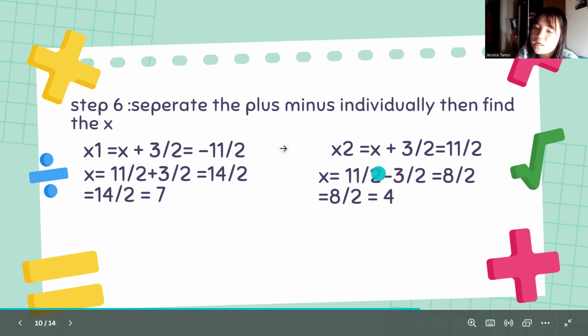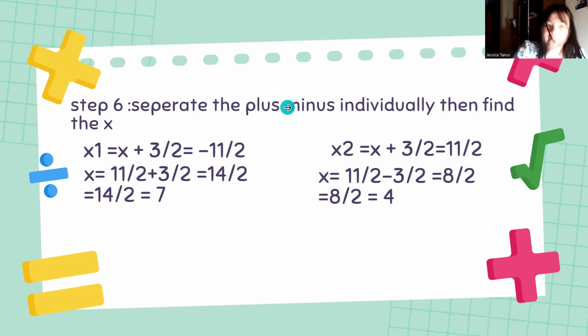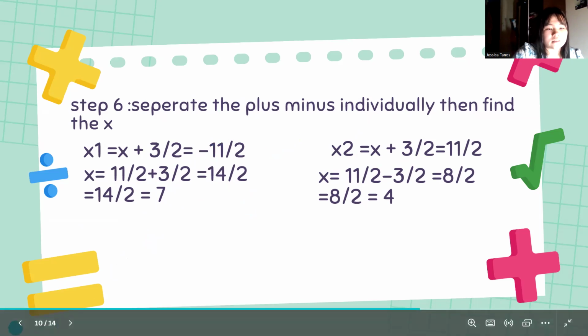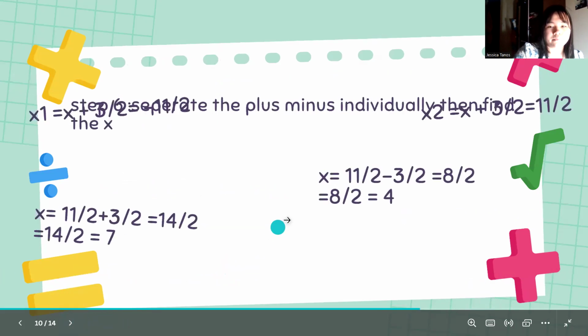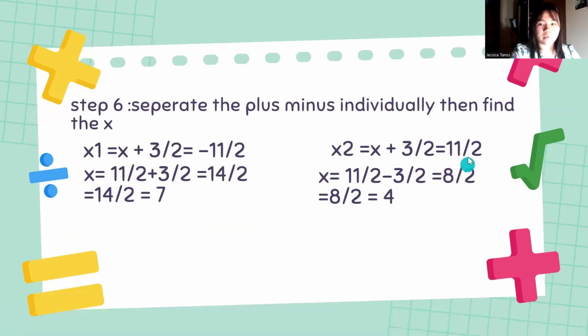Now, x2 is the opposite because the first one is negative. As you can see, it's plus minus. Now that we have taken care of the minus, the only thing left is the plus, so it's positive. So x2 is equal to positive 11 over 2.